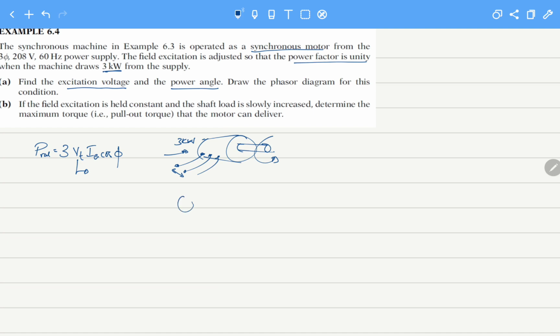So this is for the machine. We know that EA and RA is 0. We have XS, that is 8 ohms, and this is V terminal, and in this scenario it is acting as a motor. So we know that current will be flowing inwards into the machine.